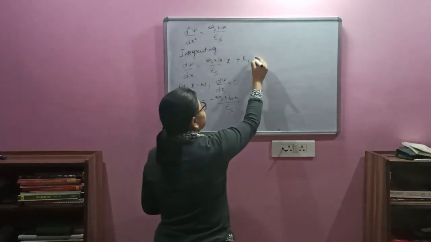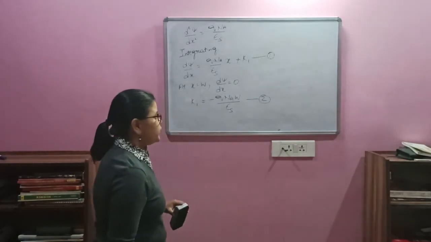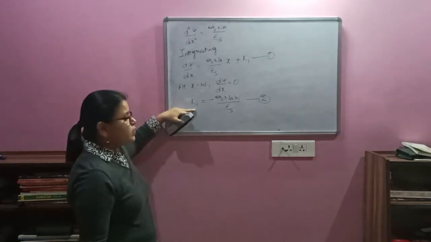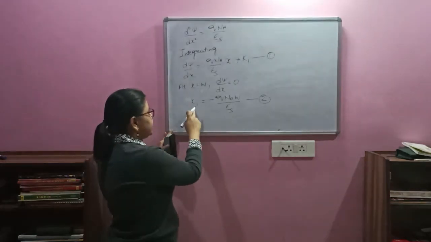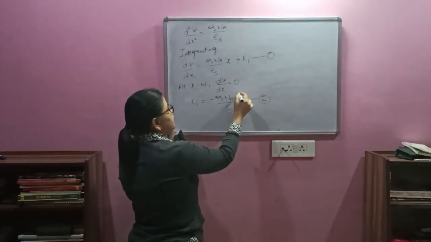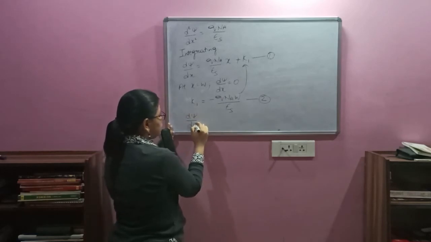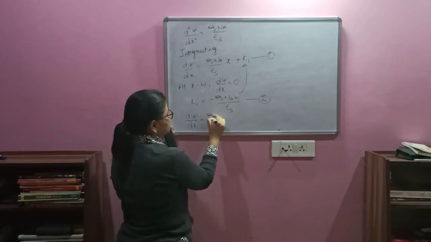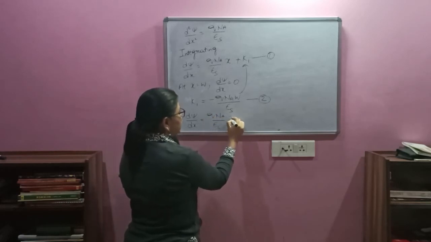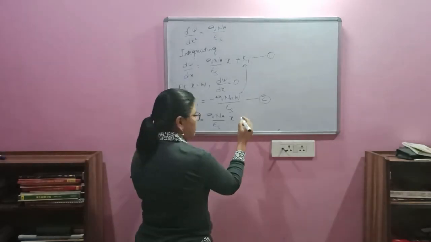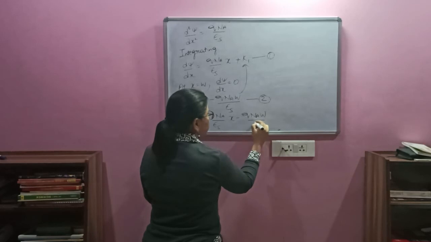So this I state as equation 1, and this as equation 2. Now that we have calculated k1, I place this value of k1 into equation 1, and rewrite it as d psi by dx equals q Na upon epsilon s into x minus q Na w upon epsilon s.